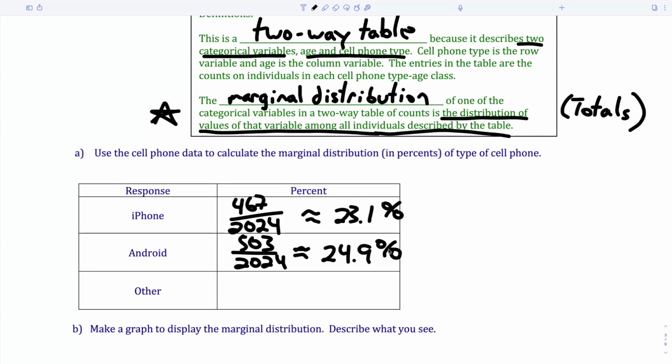If we were to do another sample, and we'll talk about how to sample later on in the course, right? We might get slightly different results, right? But the total here, it was 1,054 divided by 2024, which is approximately 52.1%.